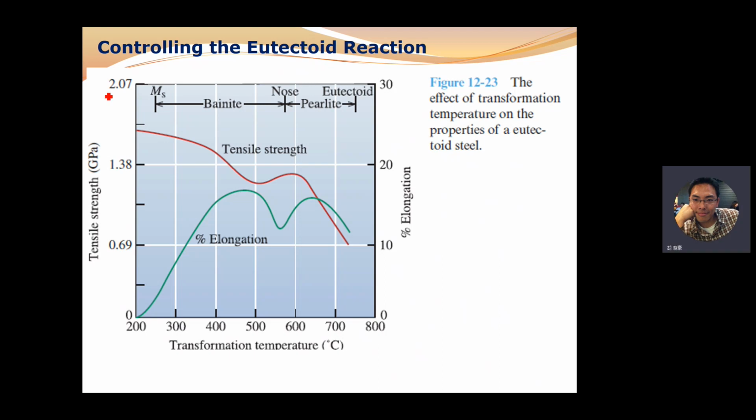For the martensite structure, it has the highest UTS, right? And then the lowest elongation. So the difference between the UTS and the ductility, or elongation, is huge for martensite.